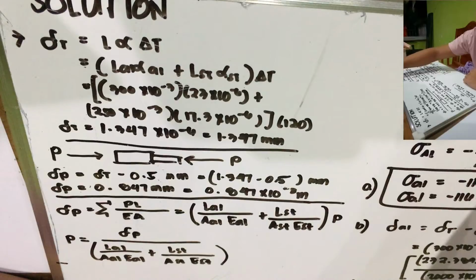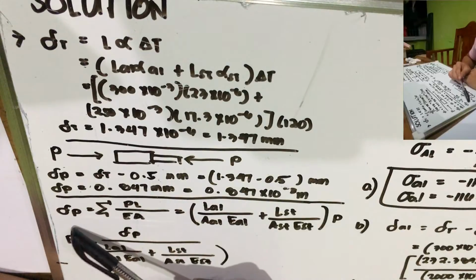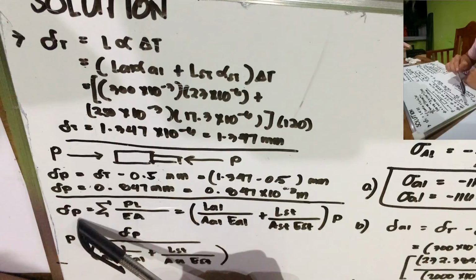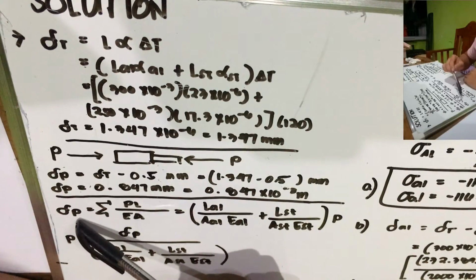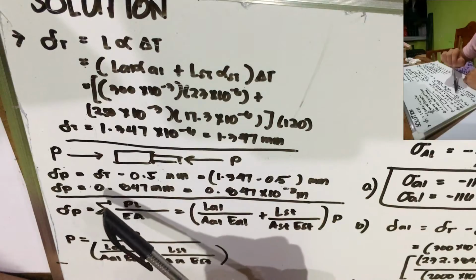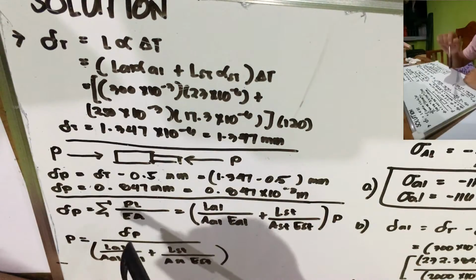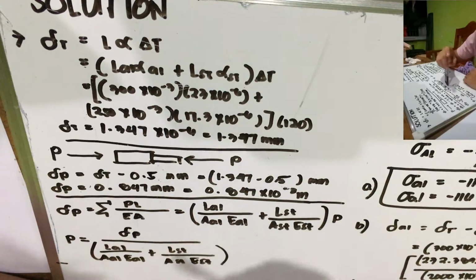Then due to compressive force, the load P is given by the equation. The change of length due to load, the elongation due to force, is equal to the summation of force times the length over the modulus of elasticity and the cross-sectional area.